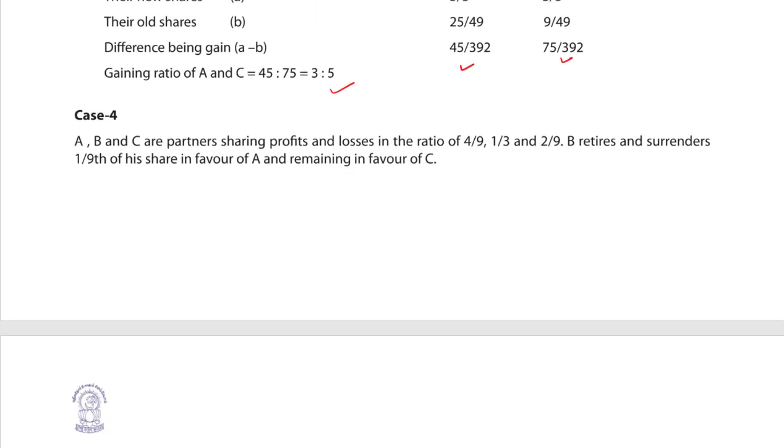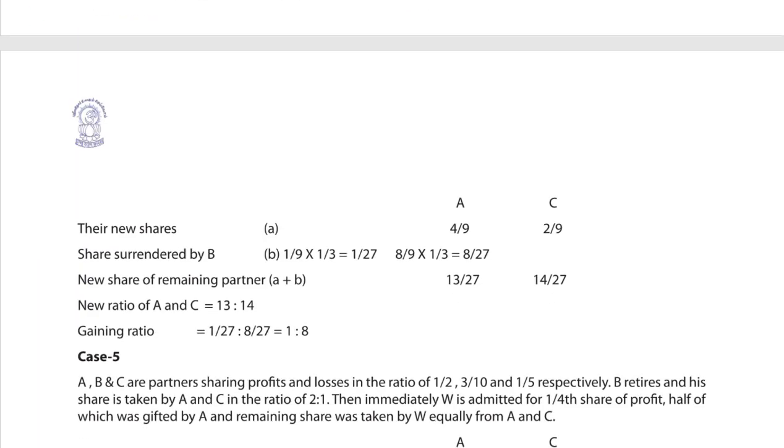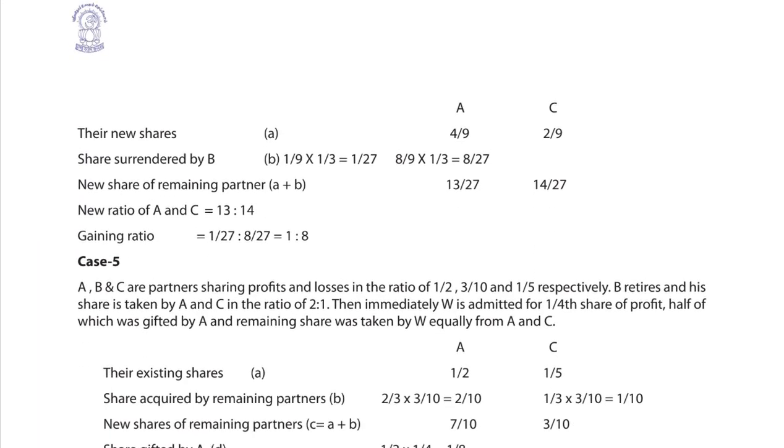Case 4. A, B and C are partners sharing profits and losses in the ratio of 4 by 9, 1 by 3 and 2 by 9. B retires and surrenders 1/9 of his share in favor of A and the remaining in favor of C. Their new share is A 4 by 9, C 2 by 9.